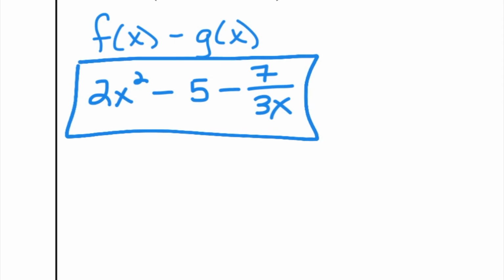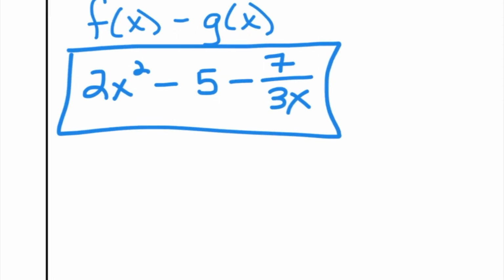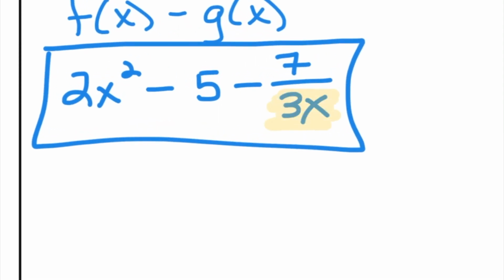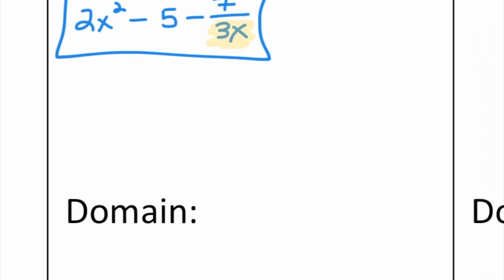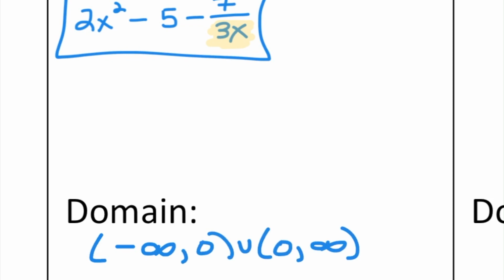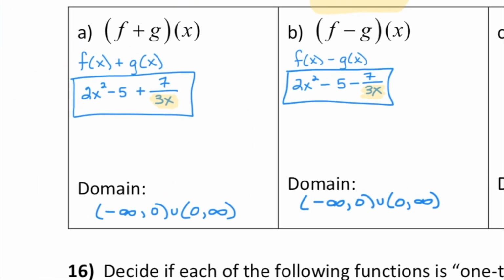That's your final answer. But you have to keep in mind that that 3x as a denominator is going to impact your domain. And so your domain here is negative infinity to 0, not including 0, and then 0 to positive infinity. So your addition and subtraction of functions for this problem are also going to be similar.